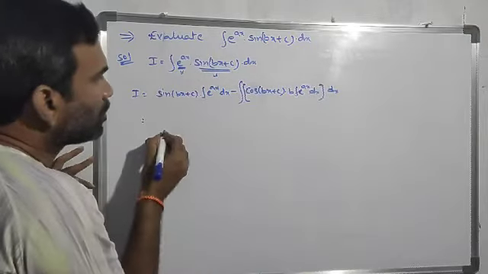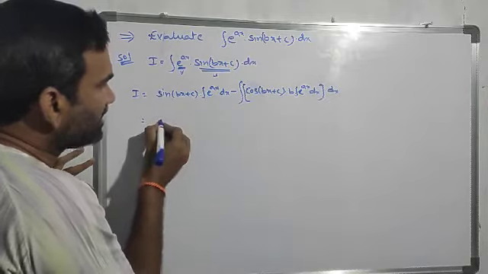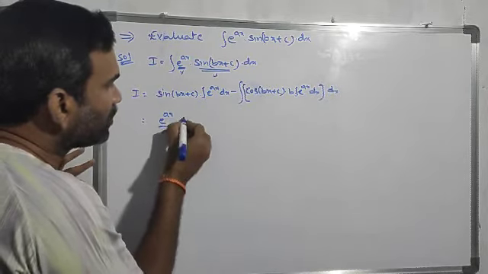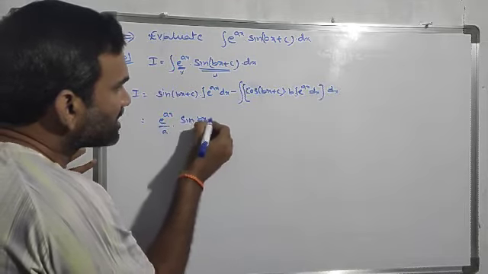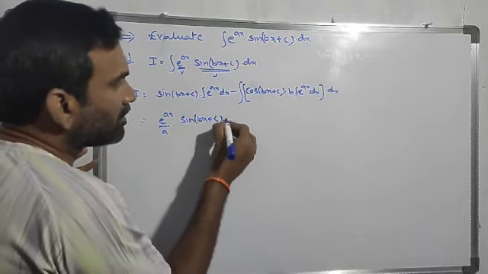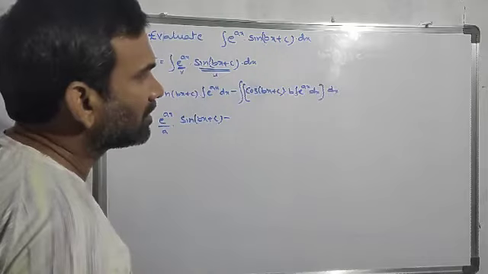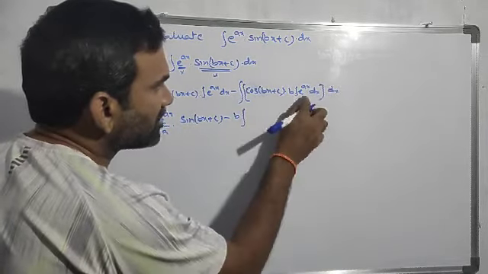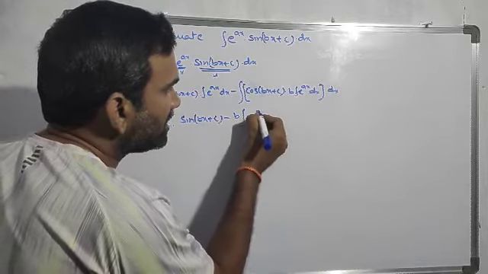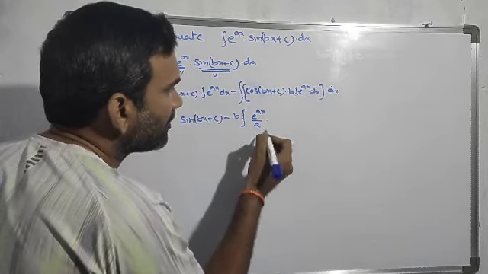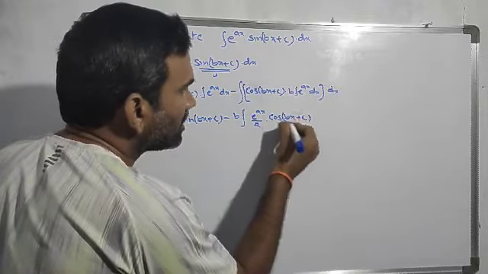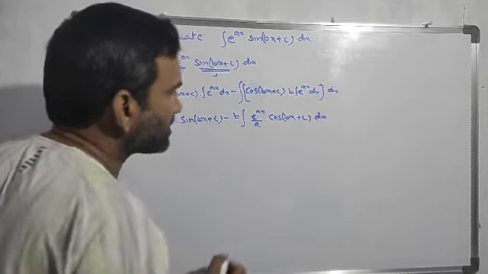So the integration of e to the power of ax is e to the power of ax by a. So it is e to the power of ax by a into sine of bx plus c, minus, here b is the constant, the integration value is e to the power of ax by a into cos of bx plus c, this total into dx.